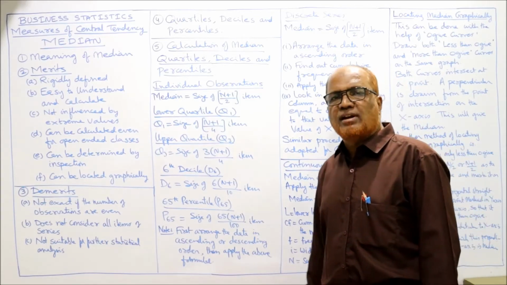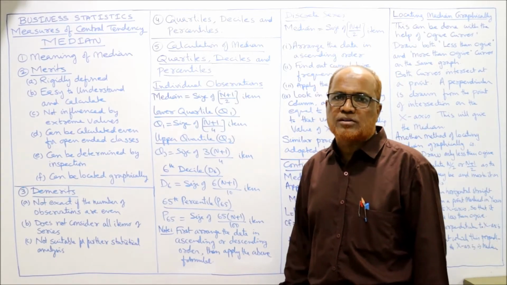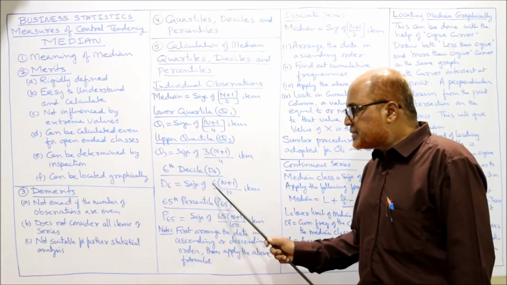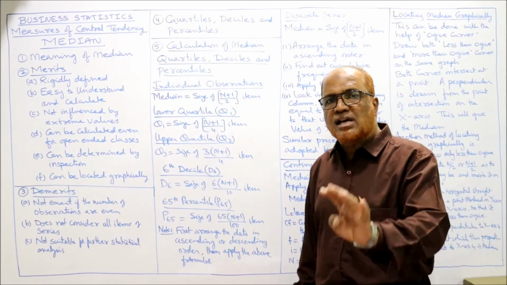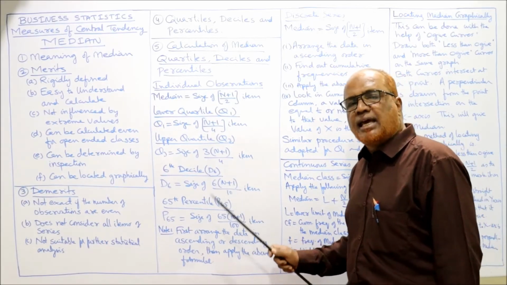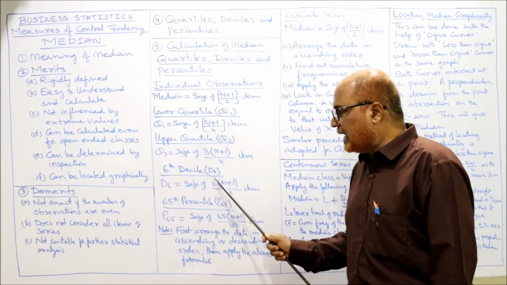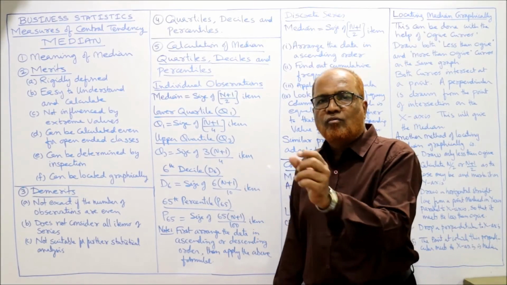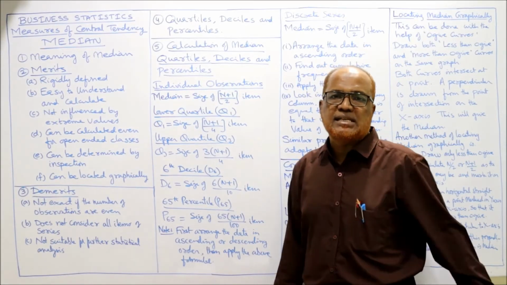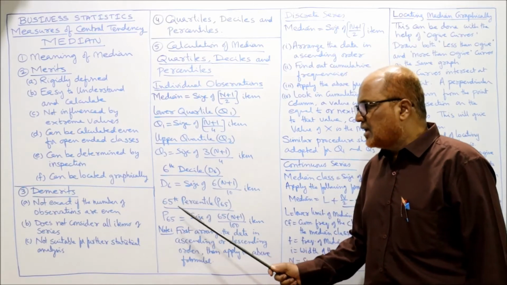Just now I told you a decile divides the series into 10 equal parts, so we take 10 in the denominator. For the 6th decile, 6 into (n+1); for the 4th decile, 4 into (n+1); for the 8th decile, 8 into (n+1)/10. Whatever value comes, we locate that value in our series. Then we'll get the 6th decile.